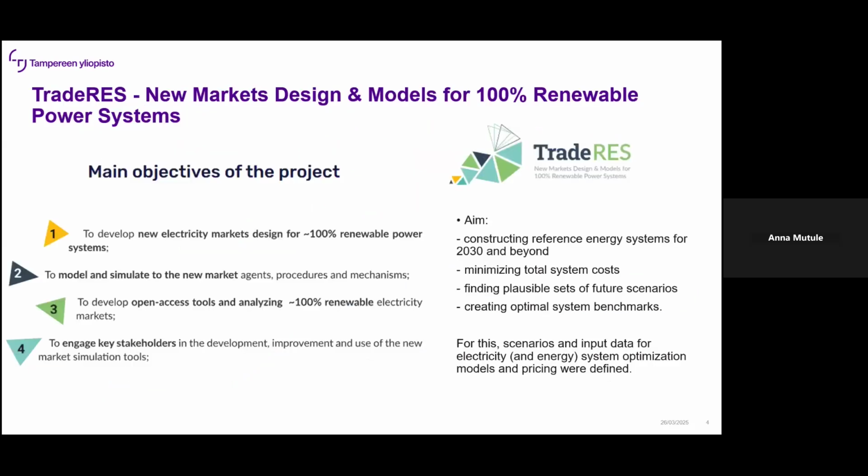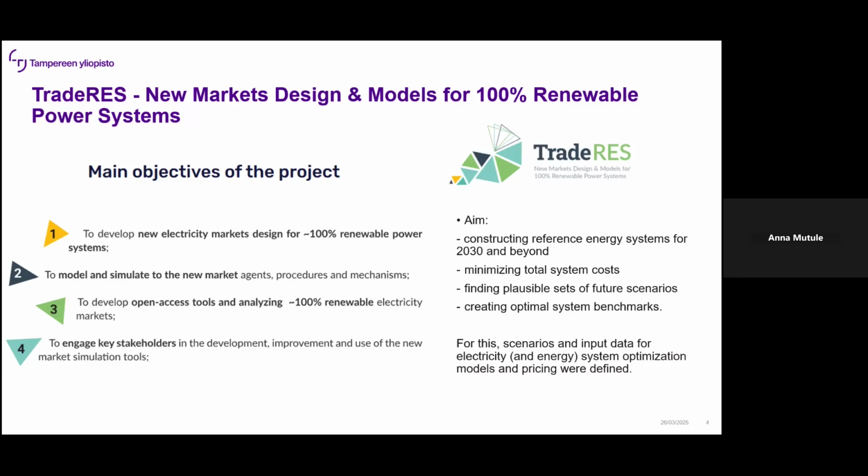Okay. The TradeRES project aimed to develop a new electricity market design capable of supporting a 100% renewable power system. Those designs need to provide efficient operational and investment incentives in a system dominated by variable renewable energy sources like wind and solar mainly.